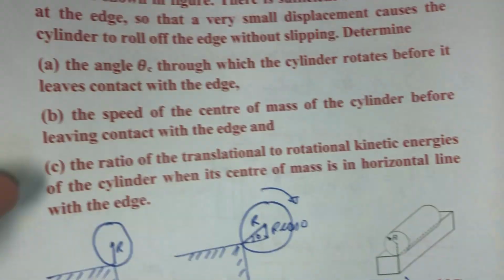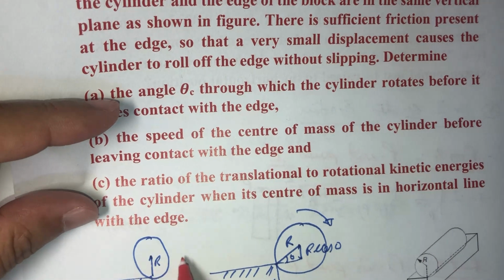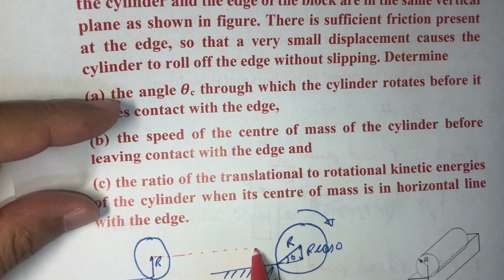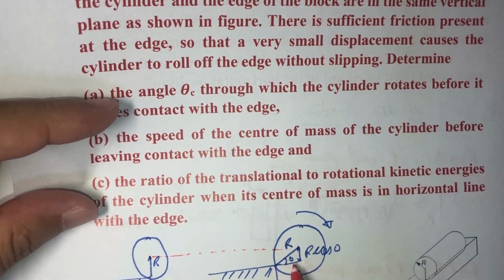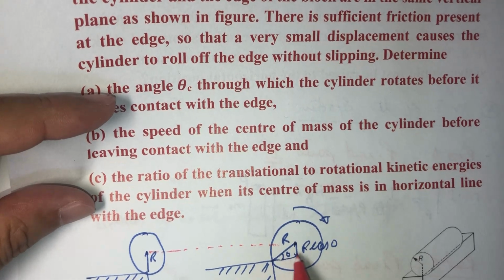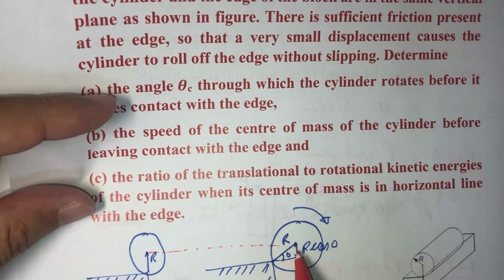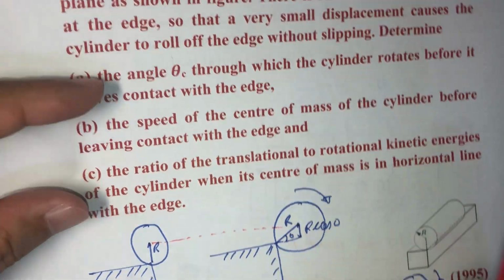Okay, because previously the height of center of mass was this one. Okay, now the center of mass is going to drop by a height of r cos theta.